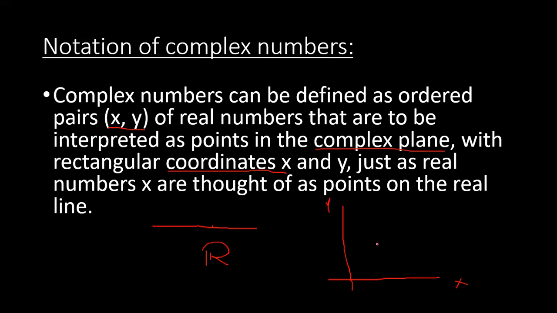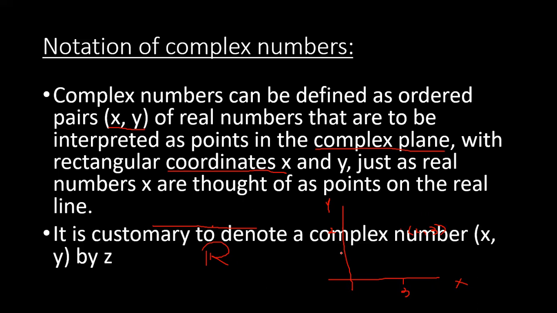So if we take any point in this plane, say this point here, I take 2 and here is 3, then this point will be (2, 3) and I can write it as 2 plus 3 iota.